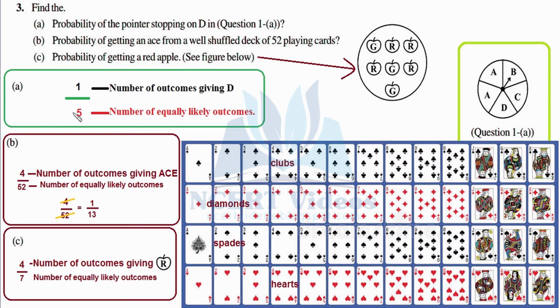And in the denominator, for the probability formula, we write the number of equally likely outcomes. So in total, we have 1, 2, 3, 4, 5 equally likely outcomes. So this was basic. The answer should be 1 divided by 5. That is one possible outcome of coming D out of total possible equally likely outcomes, that is 5. So that was basic.